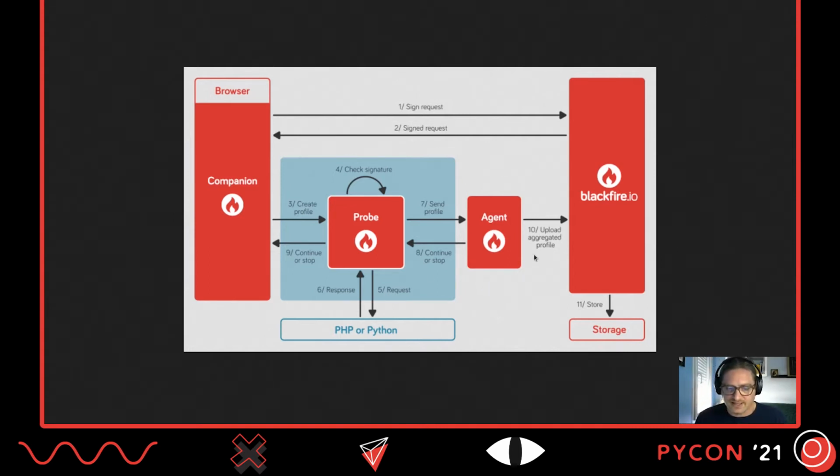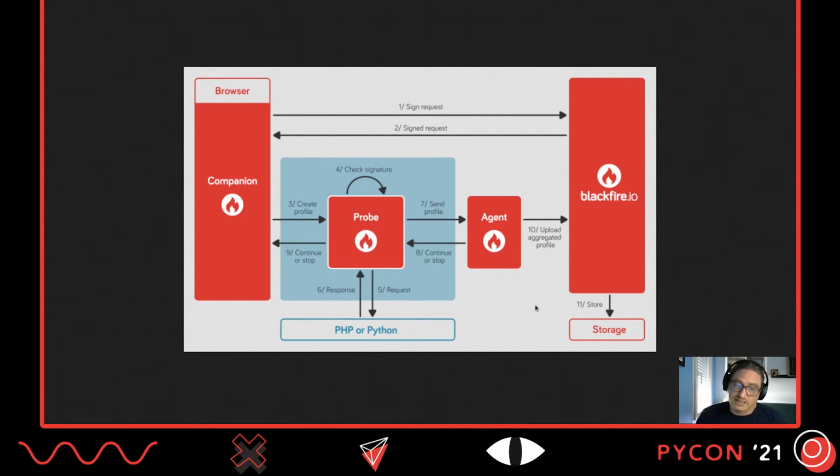The second thing we need to install is called the agent. This is a service or daemon that runs on your computer, well, within a container or on your production machine. It just sits there and waits. And when the probe is finished collecting all the measures, it sends them to the agent.